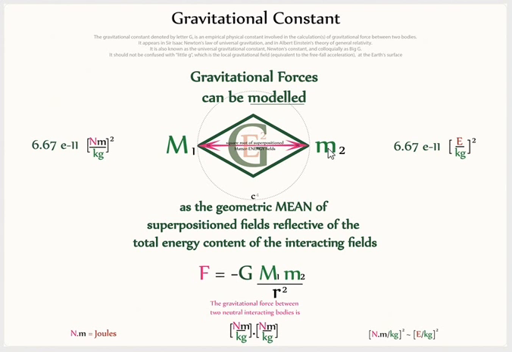The gravitational constant, therefore, can be drawn simply as a diamond-shaped superposition field, or the diamond-shaped field of interaction that results from two chem fields that interact. In this case, the chem fields represent the mass energy of each matter.